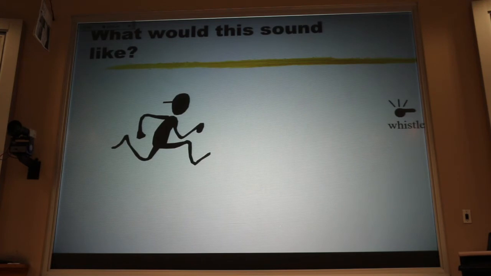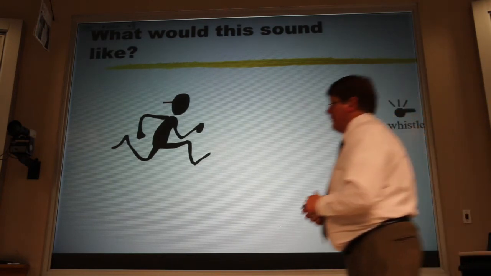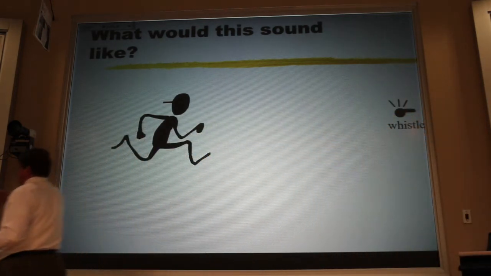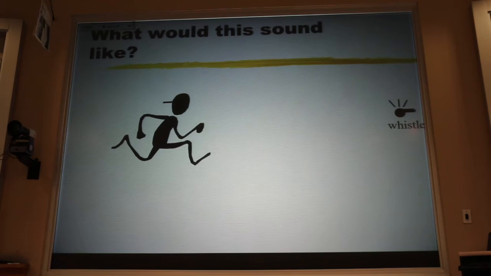The point of this exercise is that there are two things that often get confused: the loudness and the pitch. Now, the loudness is related to the amplitude of the wave. And that's going to get bigger the closer you are to the source.